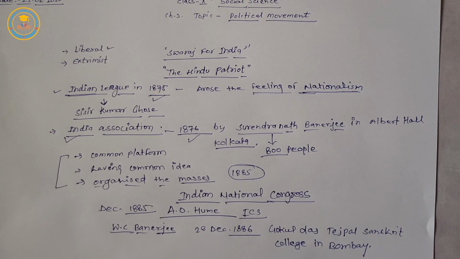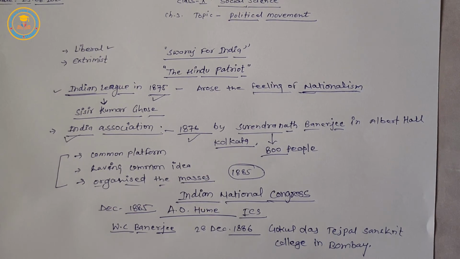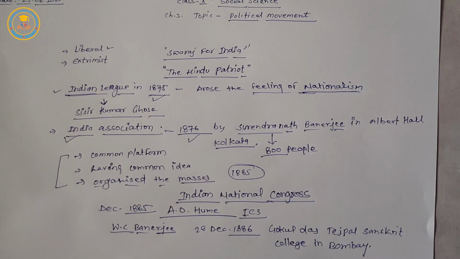The first phase, 1885 to 1905, the moderate phase, was also called the phase of political beginning, and the second phase, after the partition of Bengal, from 1905 to 1919, was the radical or extremist phase of politics. So one by one we discuss it.